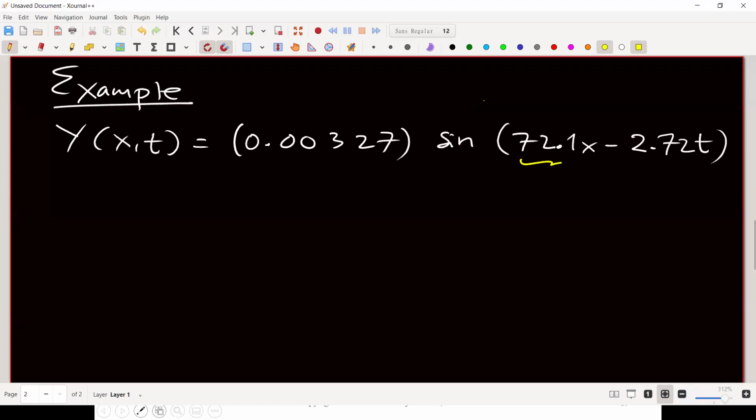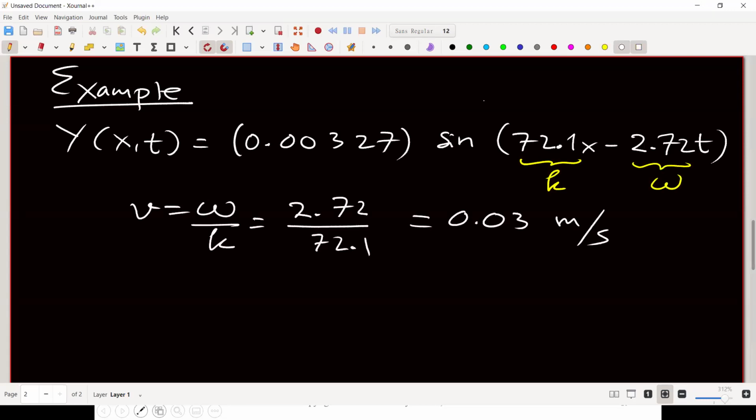So this one is k, and this one is omega. We can get the speed of the wave: v is omega divided by k, which is 2.72 divided by 72.1, around 0.03 meter per second. Since the sign here is negative, it means the wave travels to the right side.